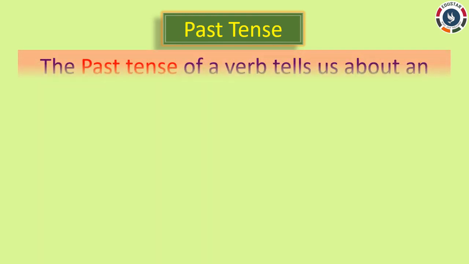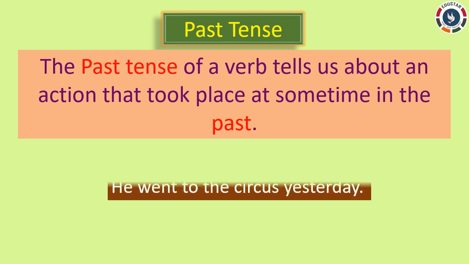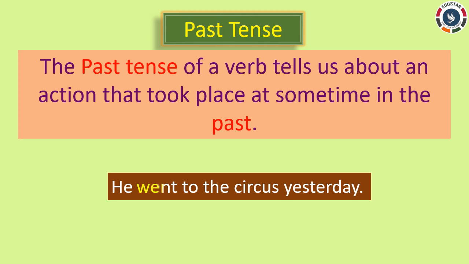The past tense of a verb tells us about an action that took place at some time in the past. For example, he went to the circus yesterday. The verb went refers to past tense since it talks about a past time.